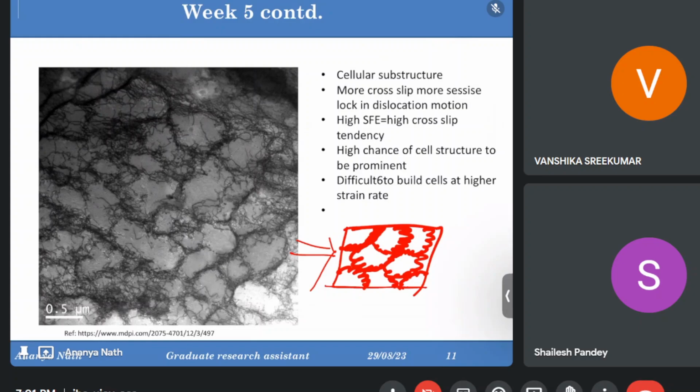Also, the temperature plays an important role, because even though it is called cold working, it doesn't really take place at a cold temperature. The temperature is typically room temperature or slightly higher, but not that much.